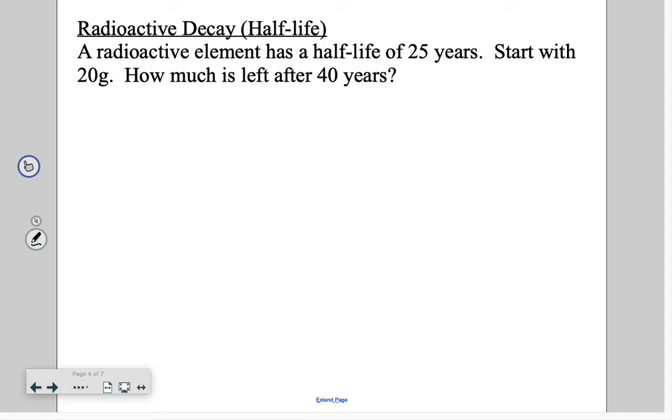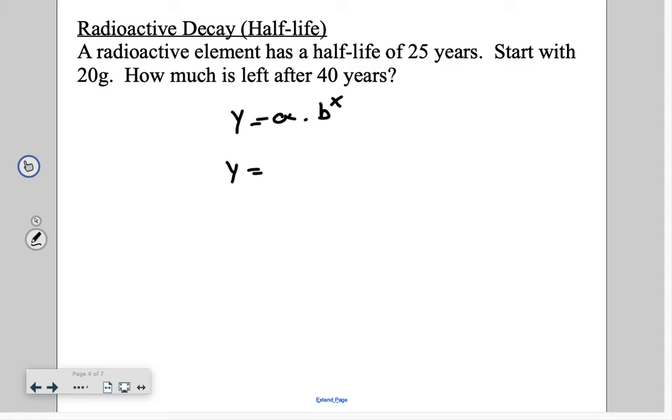So in this case, we're just going to go back to the usual y equals a times b to the x. What's the a value? 20. A is still your initial amount. Just like in the other compound interest formulas, P was the principal.